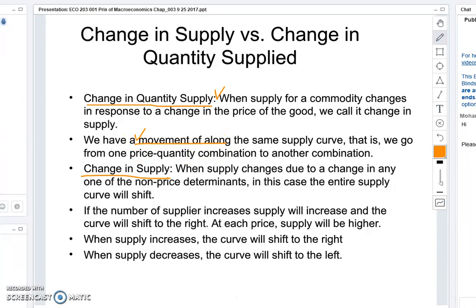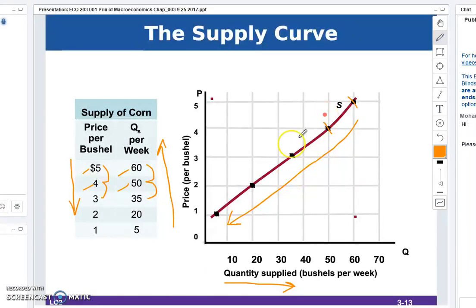So if you go back to the previous slide, suppose price decreases from 4 to 3, and as a result, supply decreases from 50 to 35. This decrease we call a decrease in quantity supplied, right?